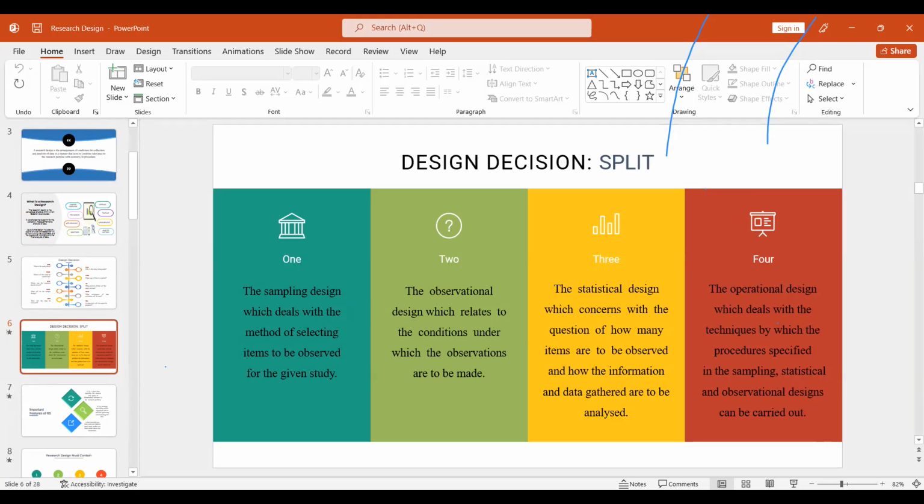And the fourth is operational design, which deals with the technique by which the procedures specified in the sampling, statistical and observational designs can be carried out. So statistical, now the question arises about 40 out of 50.